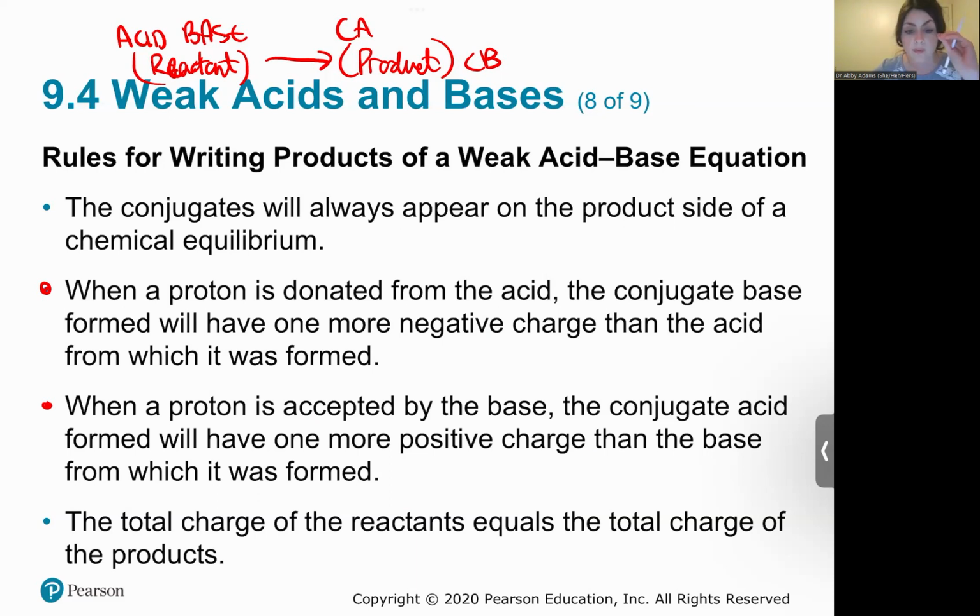Whenever a proton is accepted by the base, the conjugate acid formed is going to have one more positive charge than the base. Don't worry, we're going to work some problems. So each time this happens, there is a difference of one charge. The total charge of the reactants is going to equal the total charge of the products, since nothing is created or destroyed.